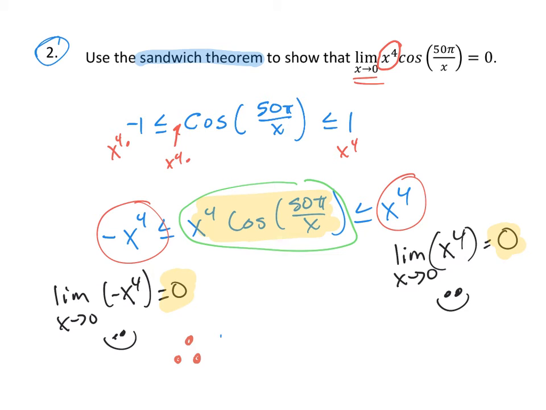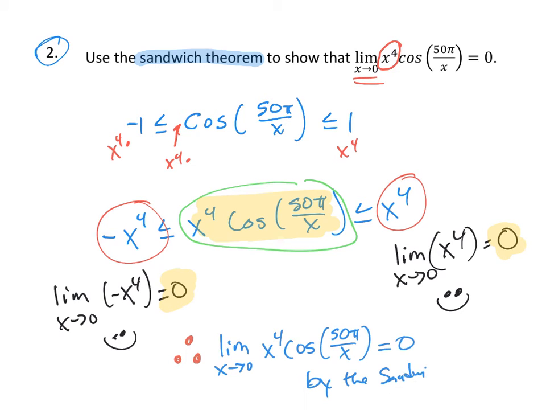Therefore, the limit as x approaches 0 of x to the 4th cosine of 50 pi over x equals 0, and then you have to say by the Sandwich Theorem. If you're going to apply the Sandwich Theorem, make sure you state it right in your answer. Usually we just put by the Sandwich Theorem.